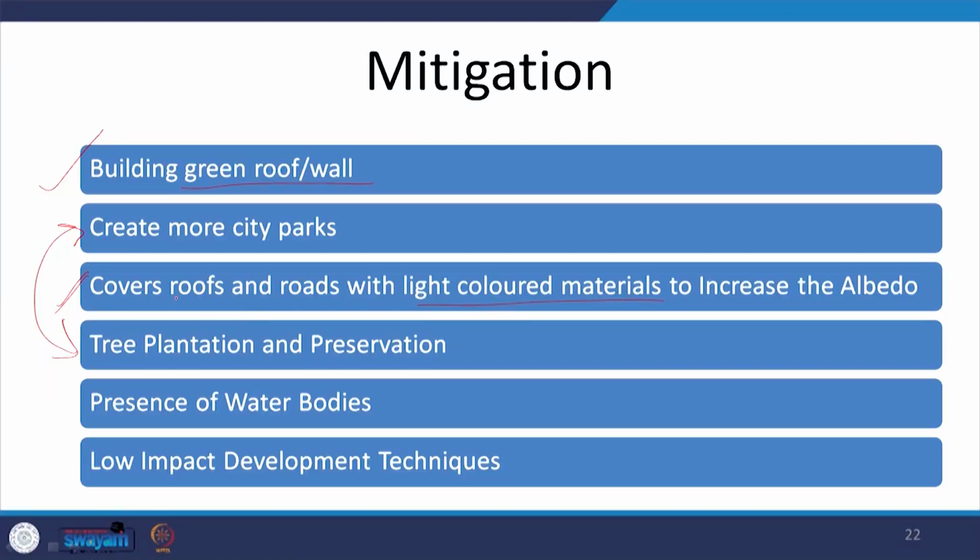If we can't even do that, then select materials which are light colored and which have higher SRI values, so that less and less heat is absorbed and converted into long wave radiation. Other strategies also include the presence of water bodies and low impact development techniques. Let us go over a couple of these in subsequent slides.